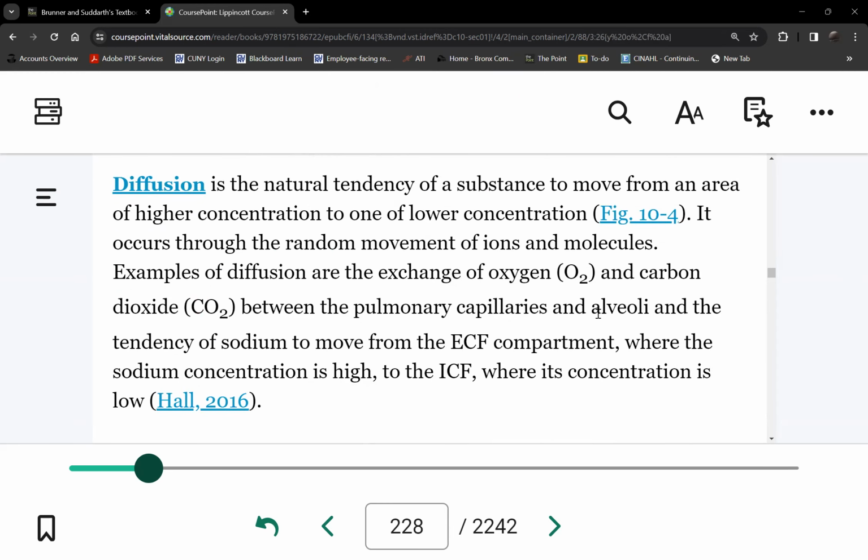Diffusion, the number one example here is the diffusion of gases. Again, this is a passive movement. So this is not water though. This is now the movement of molecules or substances from an area of higher to lower concentration. So number one example is, again, diffusion of gases.